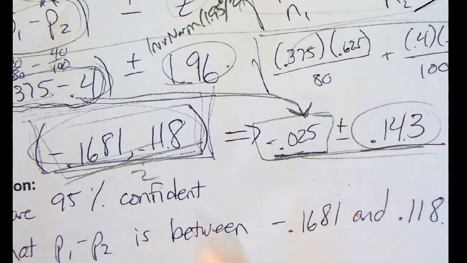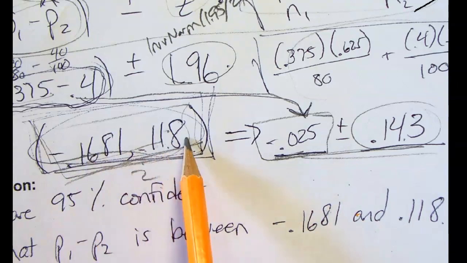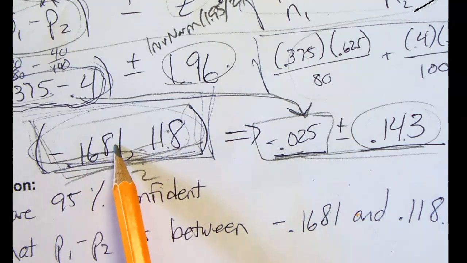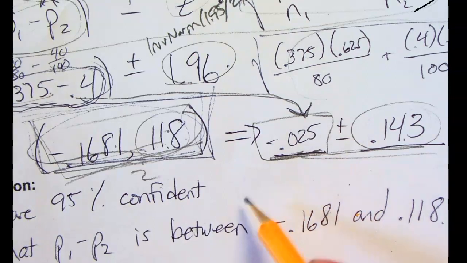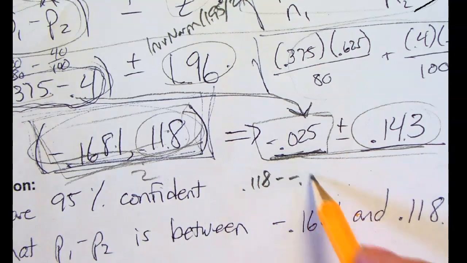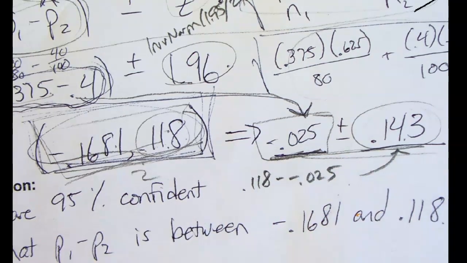And then this number is this distance. It's the distance from one of these to the other divided by 2. So you can do 0.118 minus negative 0.1681 divided by 2. Or it's the distance from one of the endpoints to the middle, so you can do 0.118 minus negative 0.25. That's how I got that.